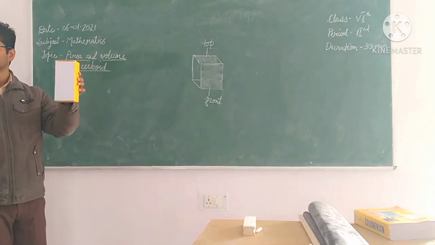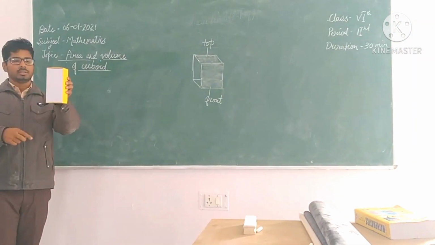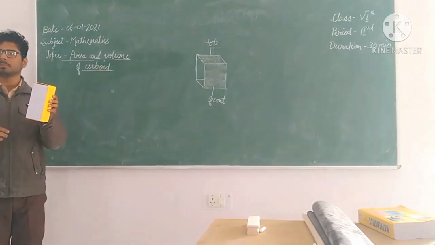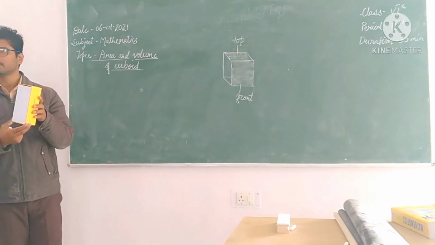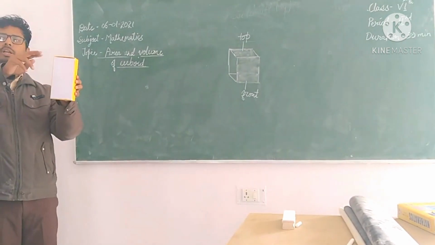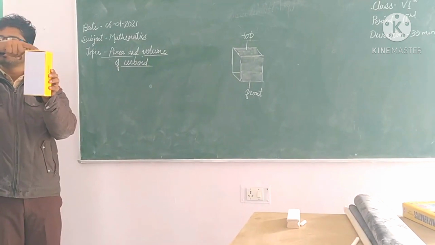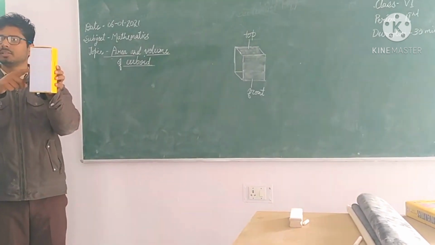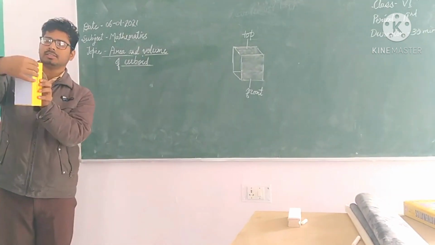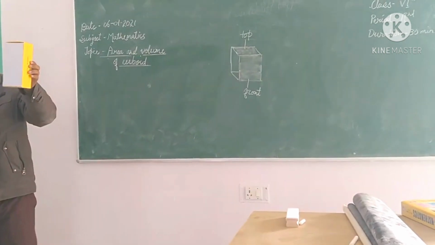And how many faces does this cuboid have? Can anybody count this? Yes, you stand up. What is your name? Myself Sachin Kumar. Sachin, how many faces does this cuboid have? You can count. This is the front face, and this is the top face. This is the right face, left face, back face, and bottom face. So how many faces are there?